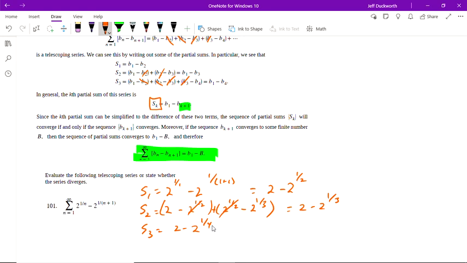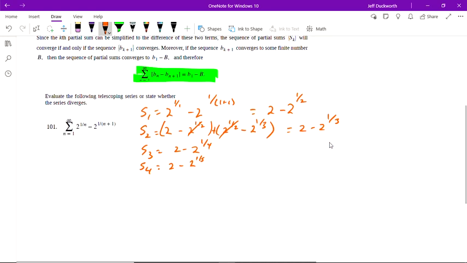So essentially what we have is S_n equal to 2 minus 2 to the 1 over n plus 1. Well, what's happening to 1 over n plus 1 as n gets really, really large?